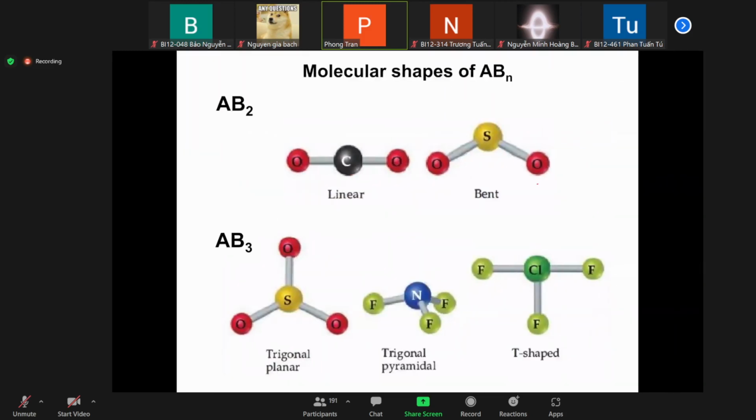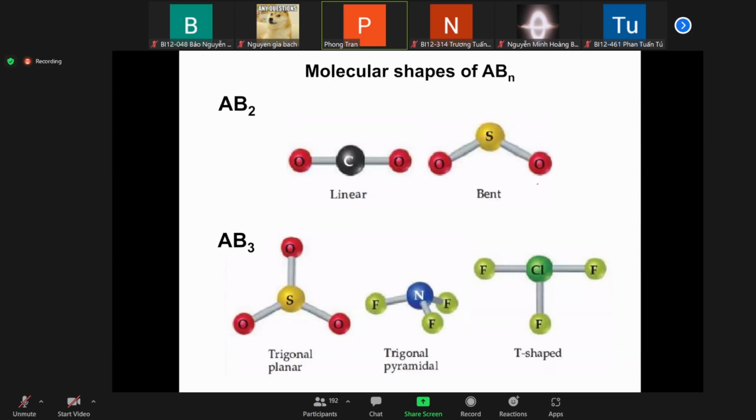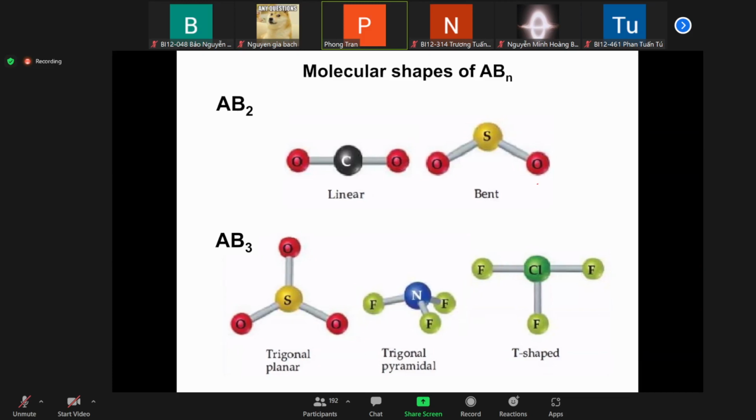So let's look at different simple molecules. When you have a molecule of 3 atoms, AB2, then you can have a linear structure. You can also have a bent structure, which means the bonding angle is smaller than 180 degrees. For the case of AB3, you can have the perfect trigonal planar arrangement, that means the angle between oxygen, sulfur and oxygen is exactly equal to 120 degrees.